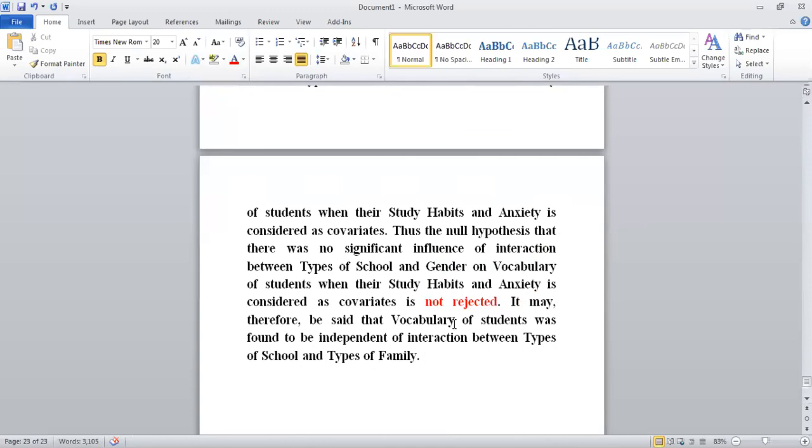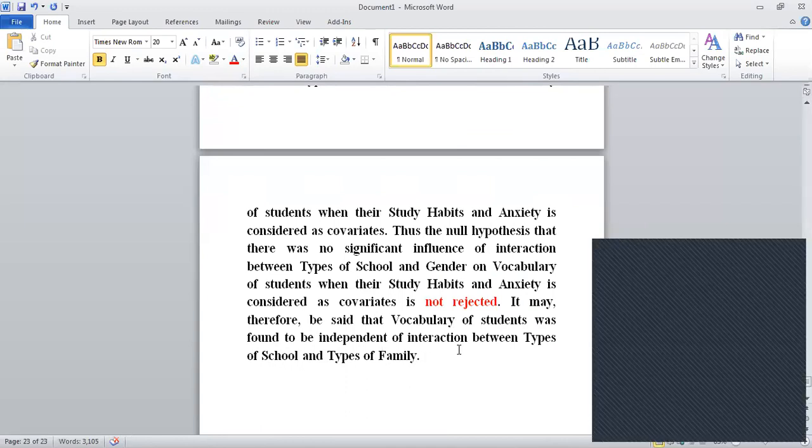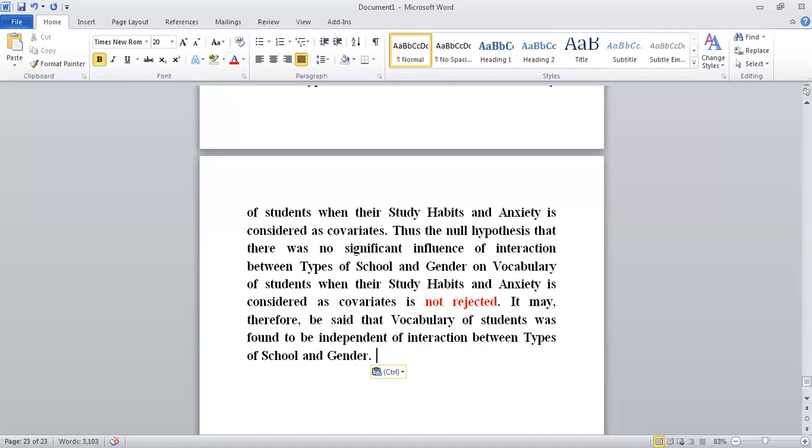It may therefore be said that vocabulary of students was found to be independent of interaction between types of school and gender. So this is what you have to do, dear friends. And now you can do the next one. Okay, I have to select this. So I'm now selecting this.